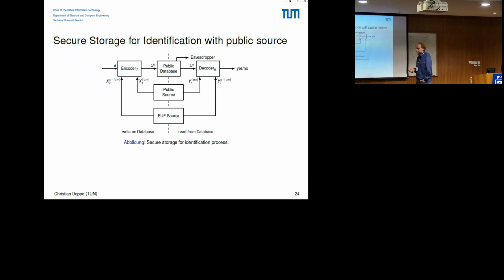And furthermore, we thought about how we can enlarge this. I gave you this property that when we add common randomness to this identification scheme, then of course we enlarge the rate. And of course this happened. So additional to this PUF source, we also give a public source.